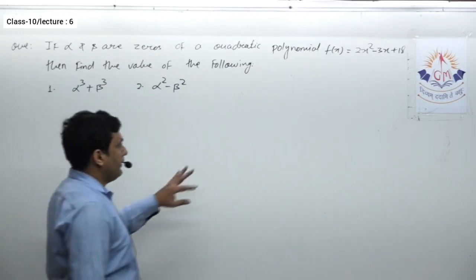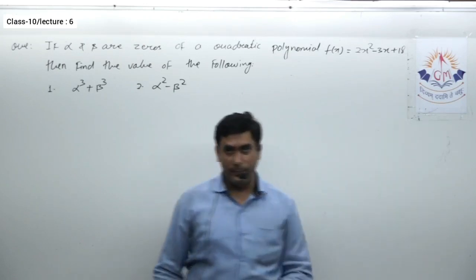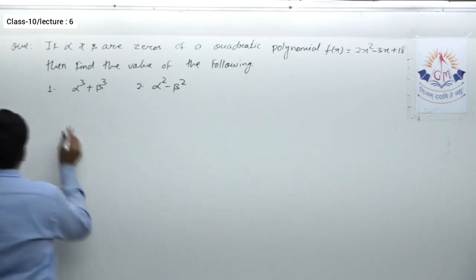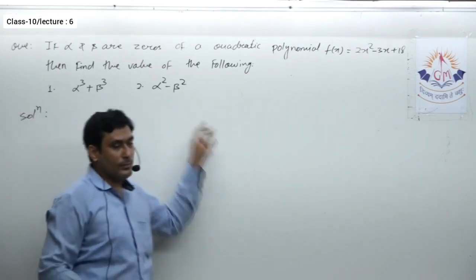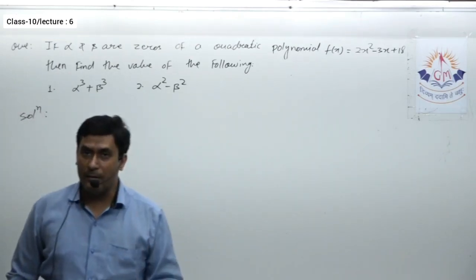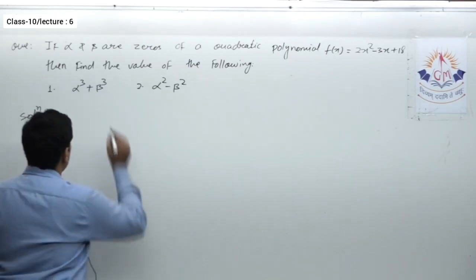In most cases in this type of question, you won't be able to get the values of alpha and beta. So let us see how to find them. Anyhow, we have to convert these terms in terms of alpha plus beta and alpha into beta.